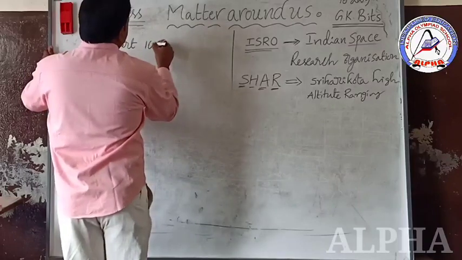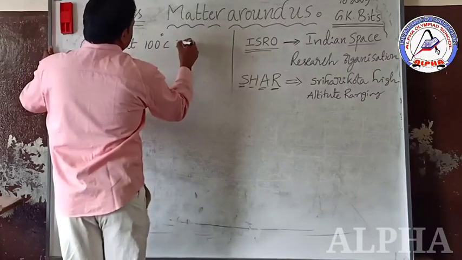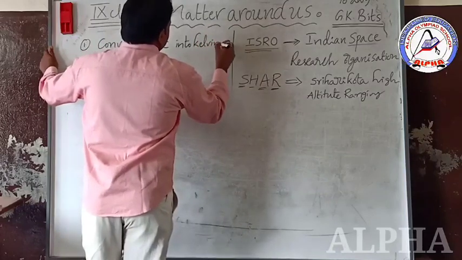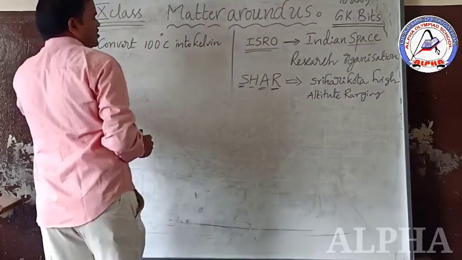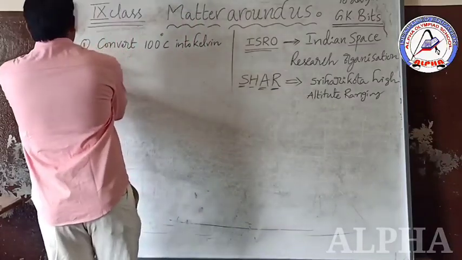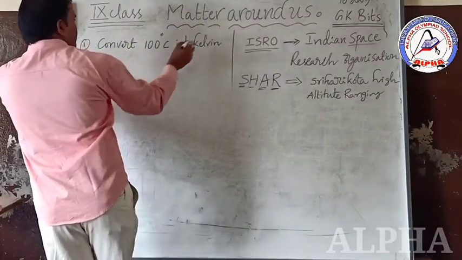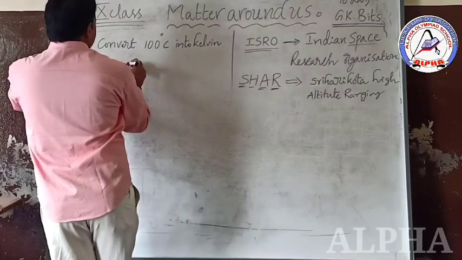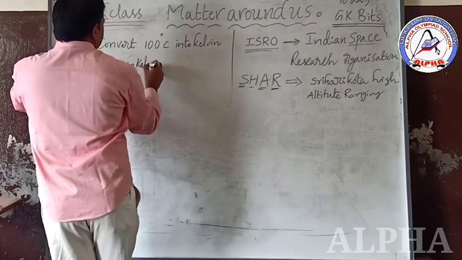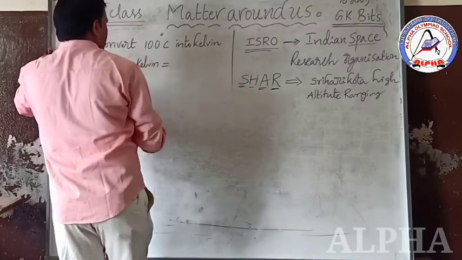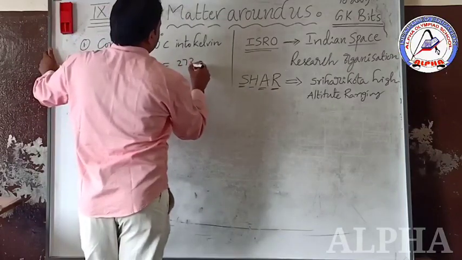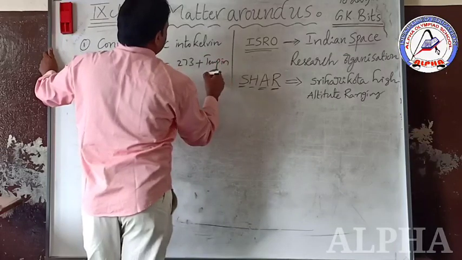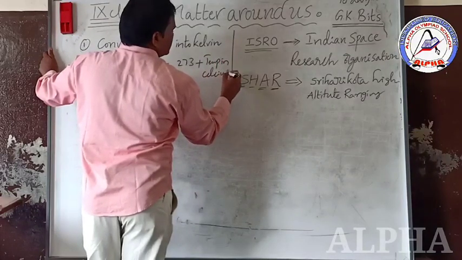Convert 100 degrees centigrade into Kelvin. Solution: yesterday I told the formula. Temperature in Kelvin is equal to 273 plus temperature in Celsius or centigrade.